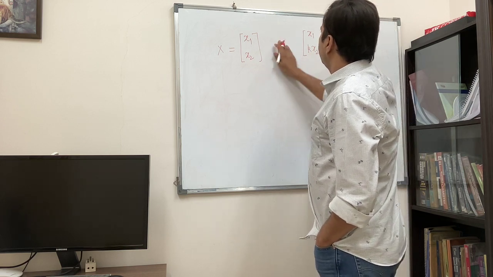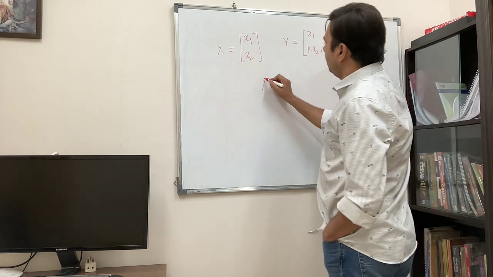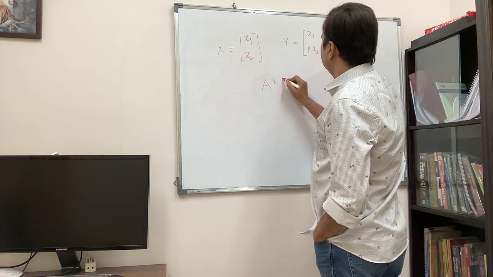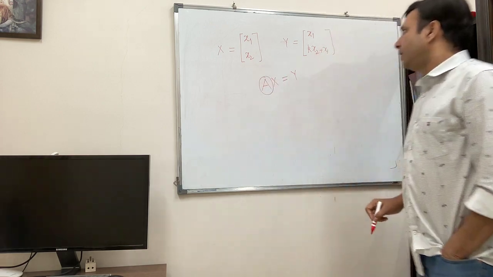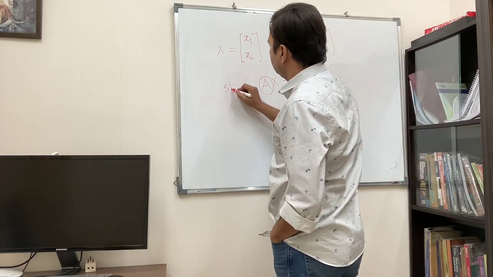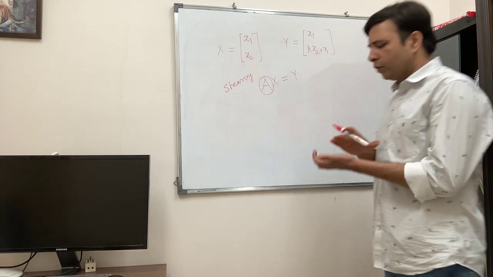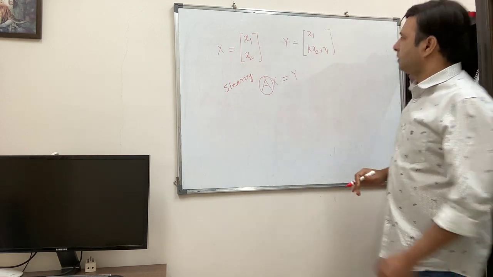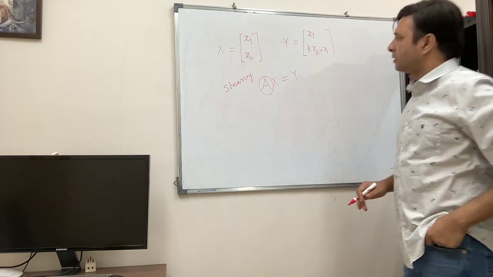So the new vector y is this, and I'm looking for an A such that Ax equals y. The A which does this is called a shearing transformation. The word shearing basically means that one surface is slipping on top of another surface, so physically this kind of transformation occurs.